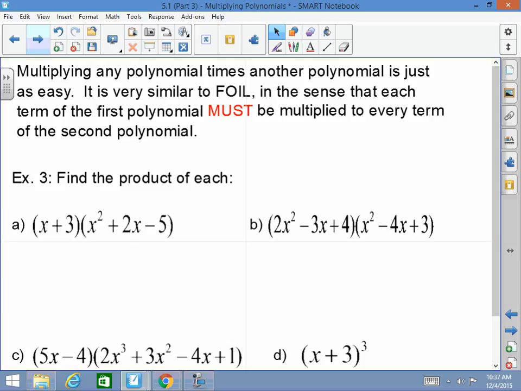Now, multiplying any polynomial times another polynomial is just as easy. It is very similar to FOIL in the sense that each term of the first polynomial must be multiplied to every term of the second polynomial. So I want to practice finding the product of each of these.